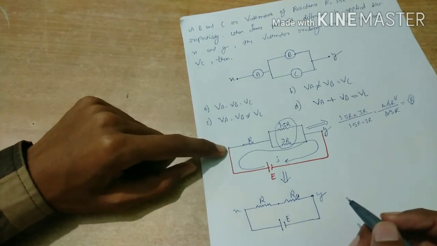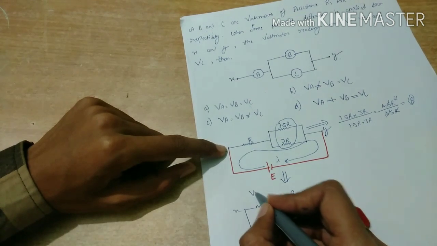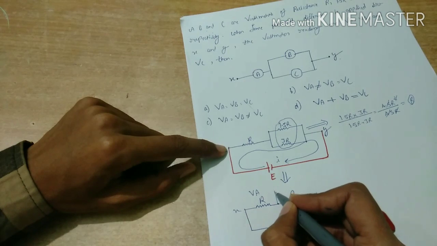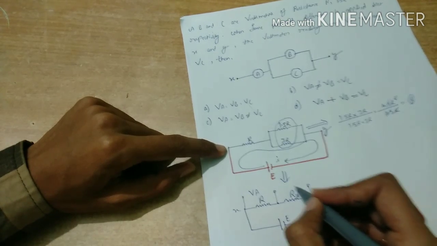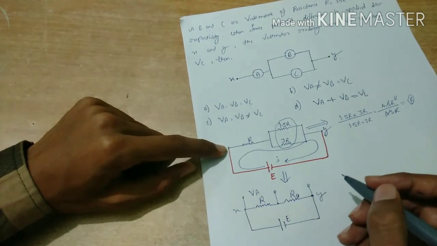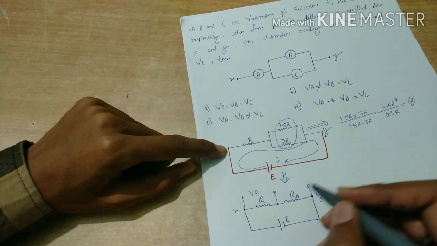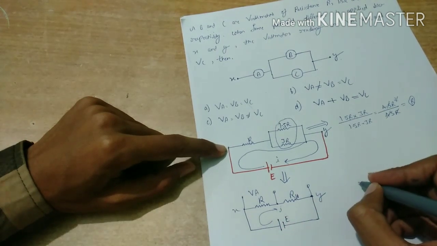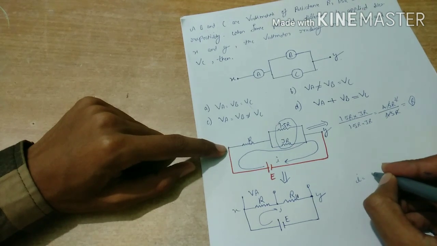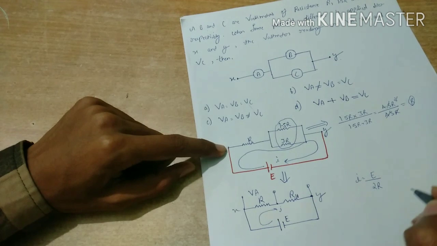Now we have to find the potential difference across VA and across this parallel combination. So first of all, we need to determine current I. I is equal to E divided by 2R.